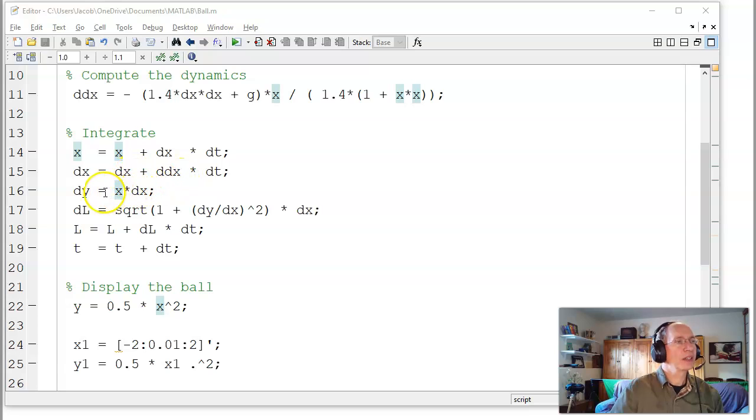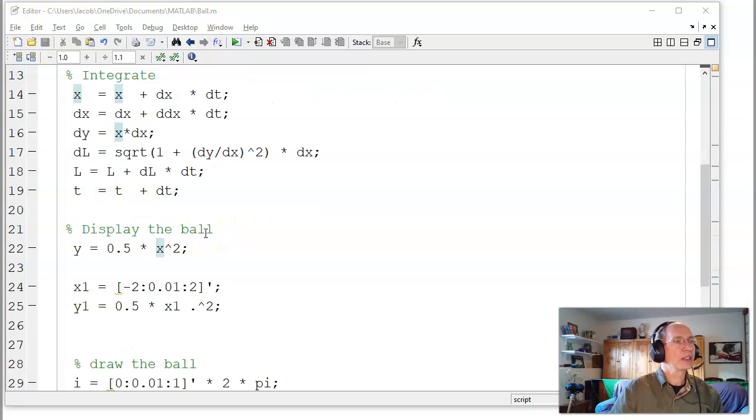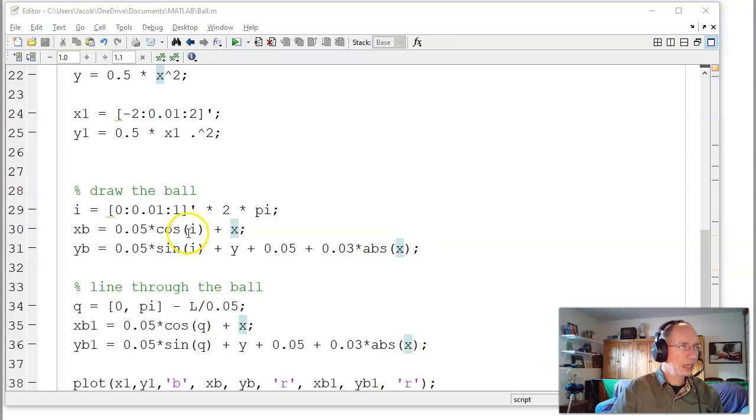If I know dx, I can calculate dy. dy is just x dot. The distance that's traveled is the square root of 1 plus y dot squared times dx. And then integrate the length that's traveled. To draw the ball, I will then draw a line through the ball. The angle that it's rotated is the distance that's traveled divided by the radius. I assume the radius is 0.05. Then draw a line through the ball.